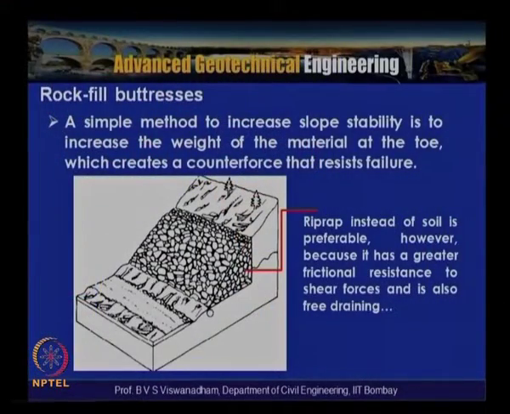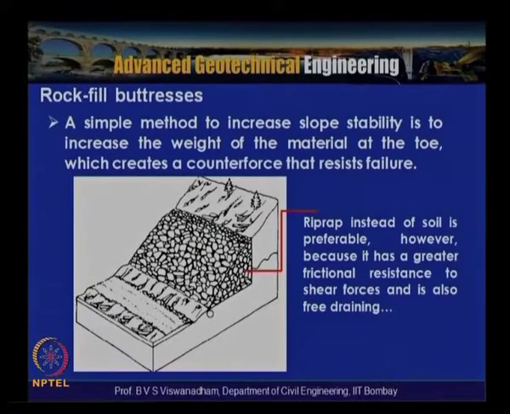But this riprap is to be in the form of stones instead of soil, because it has a greater frictional resistance to the shear forces and also has excellent free draining capabilities.